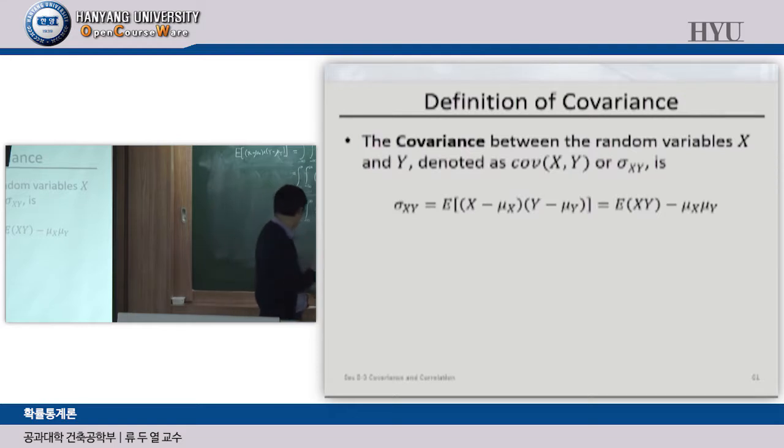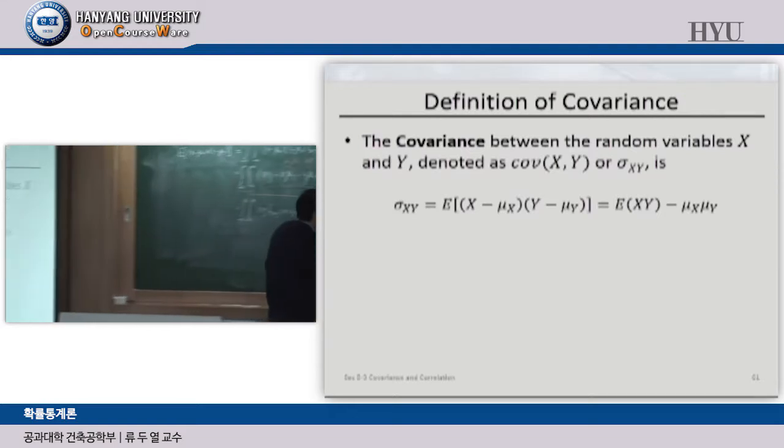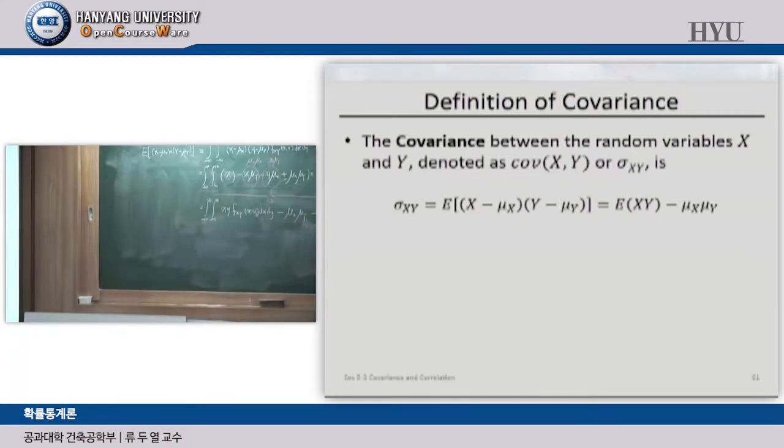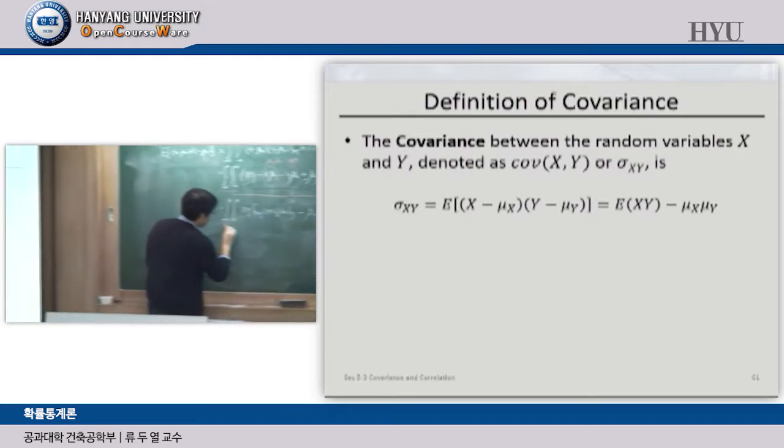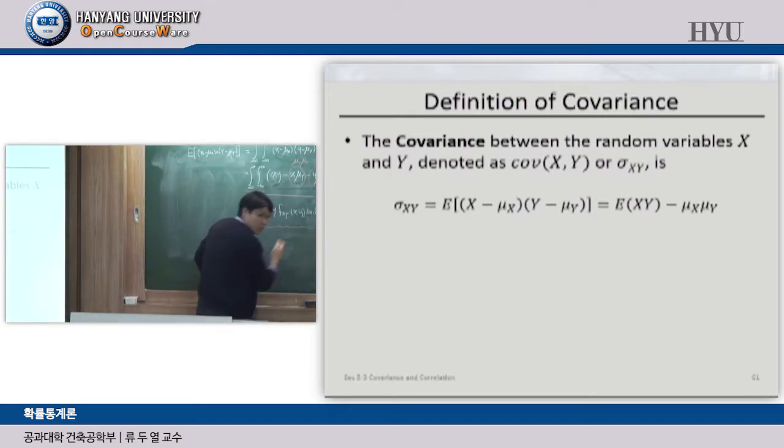In here, what about this? The double integration from minus infinity to infinity of the joint probability density function is equal to 1, right? So we can eliminate these two, okay? And what about this? That is equal to mu xy, the mean of xy.